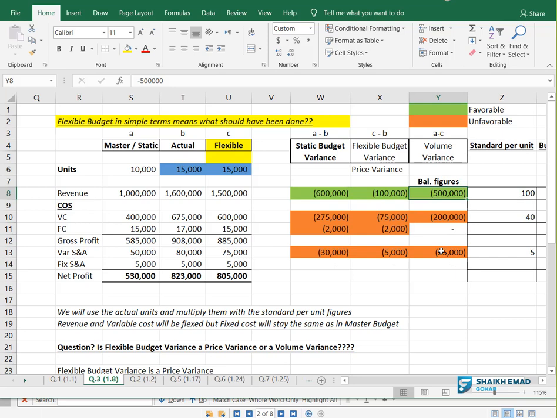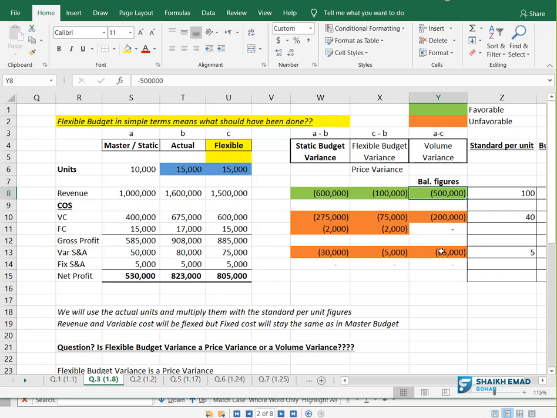Again, 600,000 is the total revenue variance. It means you have generated 600,000 more as compared to your static budget, master budget. Out of this 600,000, we got to know that 100,000 is because of charging more price and 500,000 is due to selling more units.